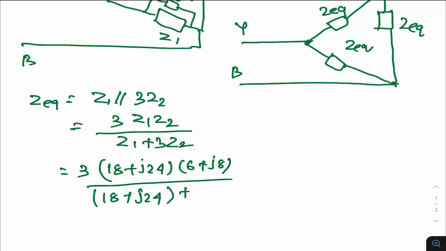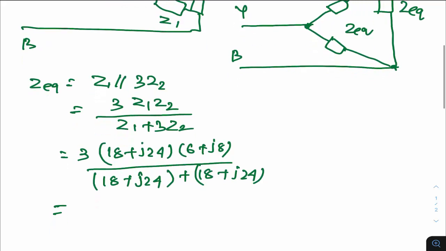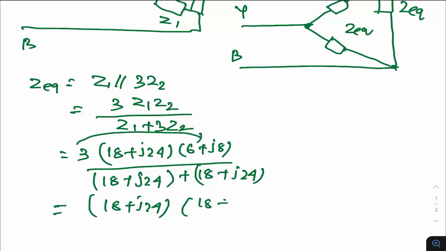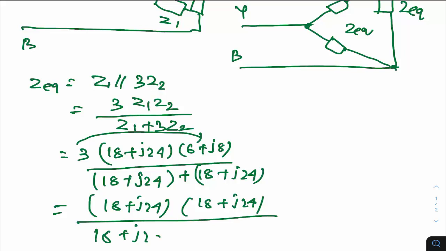If you multiply 3 with this, it happens to be 18 plus J24. So this is again 18 plus J24, divided by 18 plus J24 plus 18 plus J24.